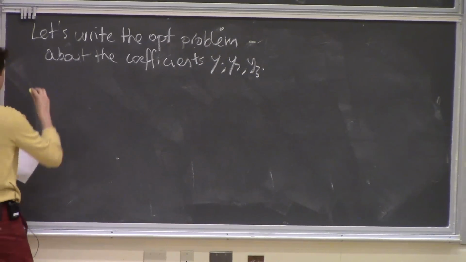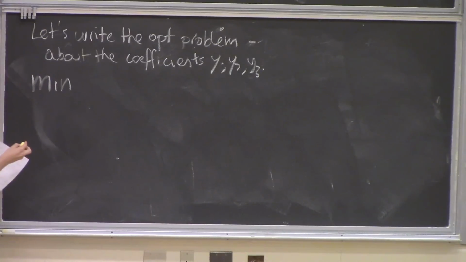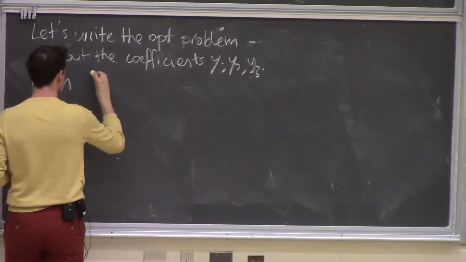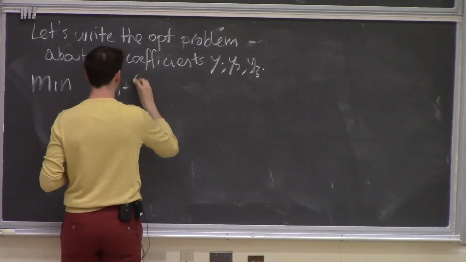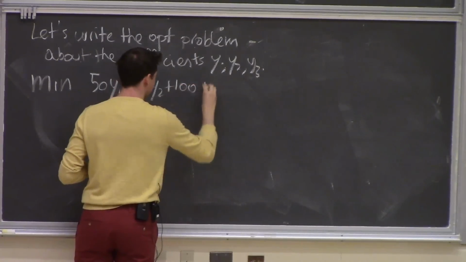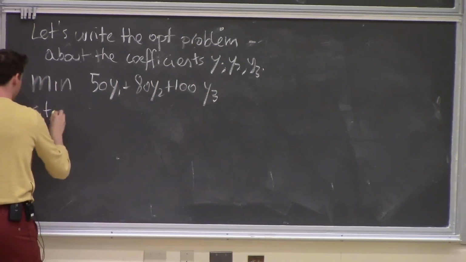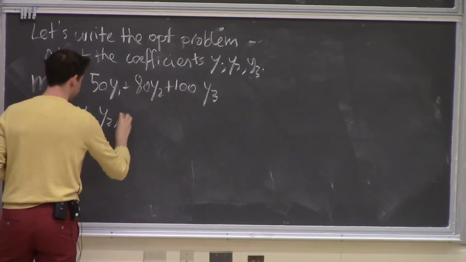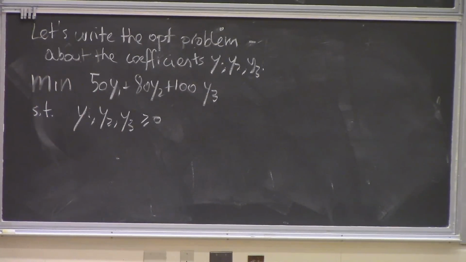I want to minimize, right? I want to minimize a certain linear expression. Which linear expression? That one over there. 50 y1 plus 80 y2 plus 100 y3. Subject to certain constraints. Well, first, I need these multipliers to be non-negative, right?